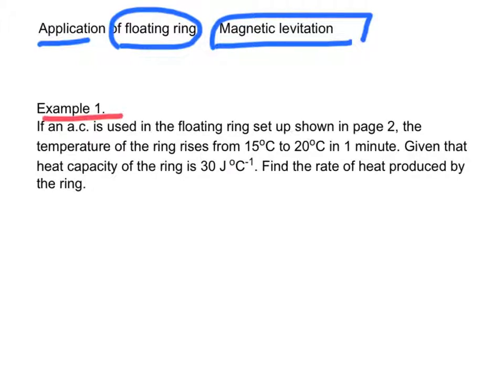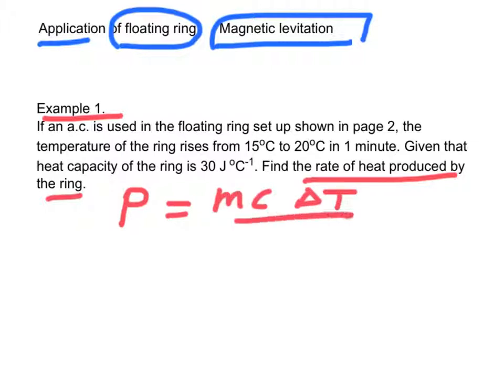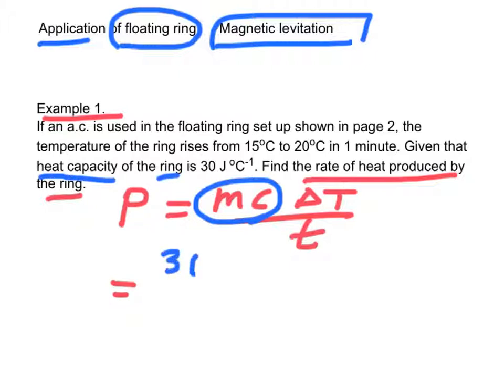Example 1. The rate of heat produced by the ring is the power, equal to mc delta T over time taken. mc is the heat capacity of the ring, which is 30.